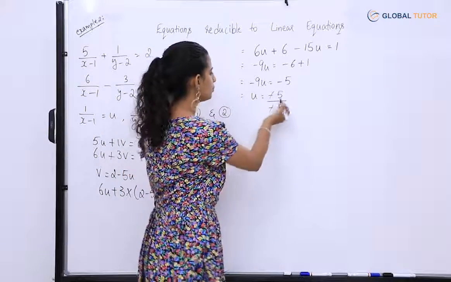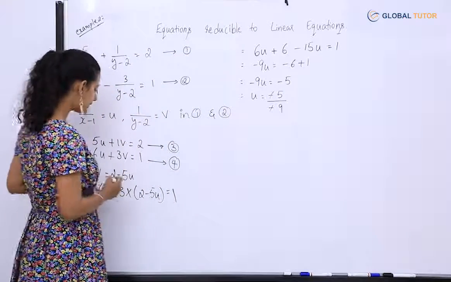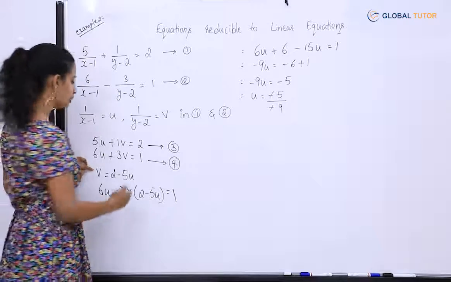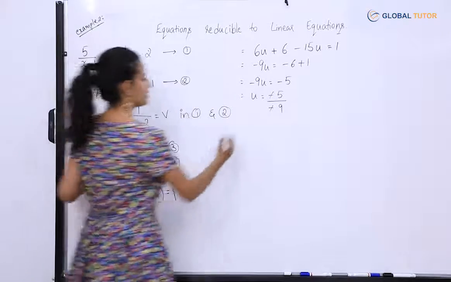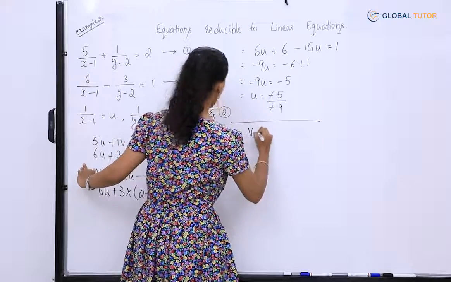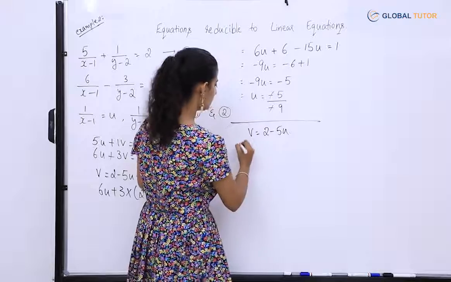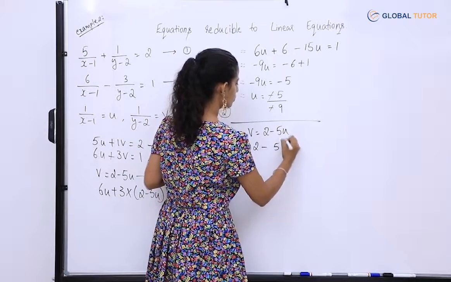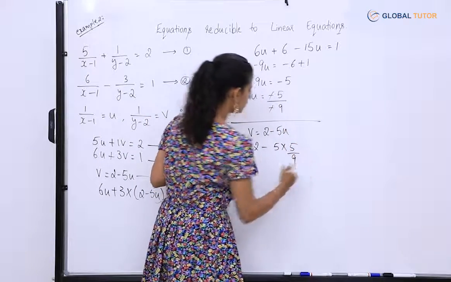We have the value of u, which is 5 divided by 9, which I am going to replace in this equation, v is equal to 2 minus 5u. I am calling this equation 5 and replacing the value. So v is equal to 2 minus 5 into the u value, which is 5 by 9.